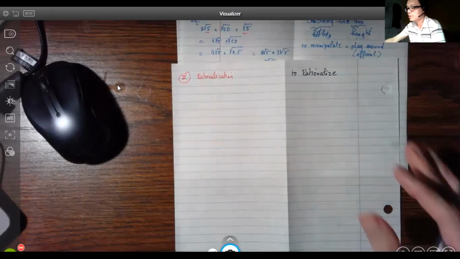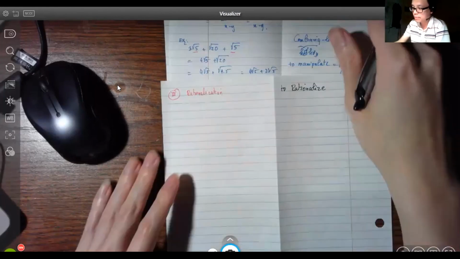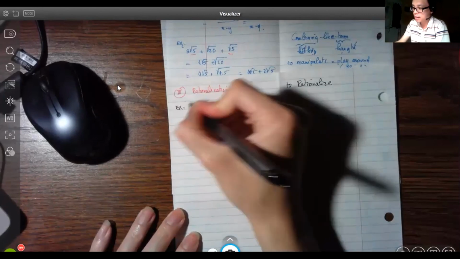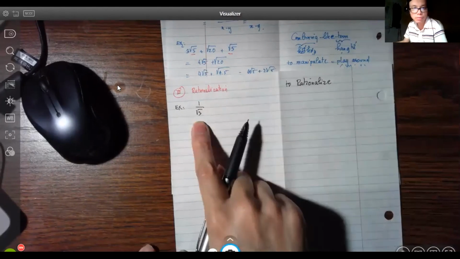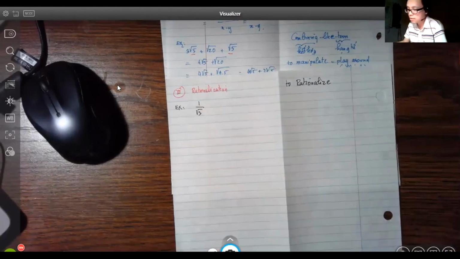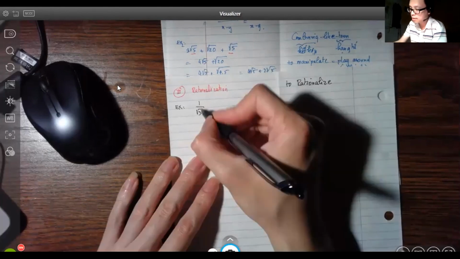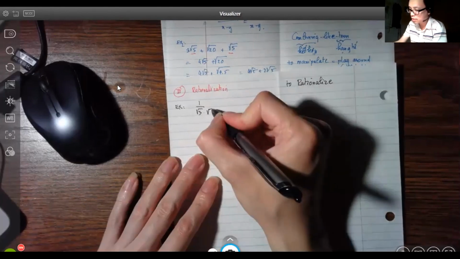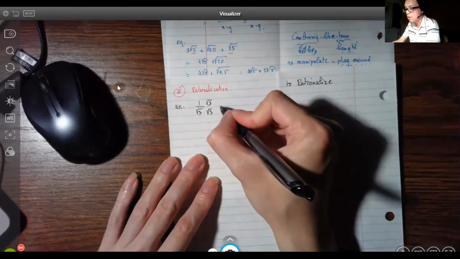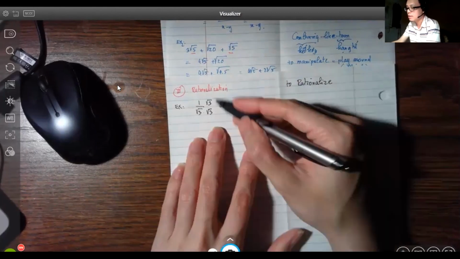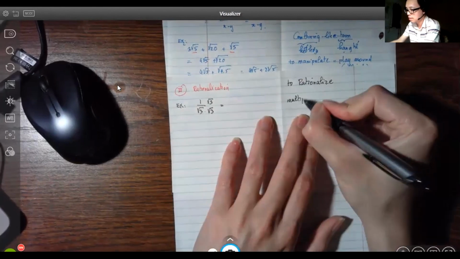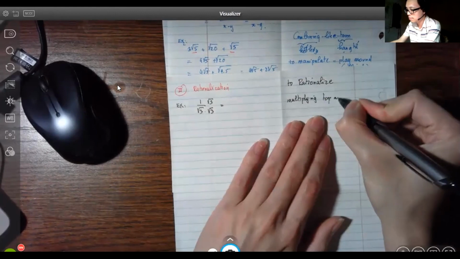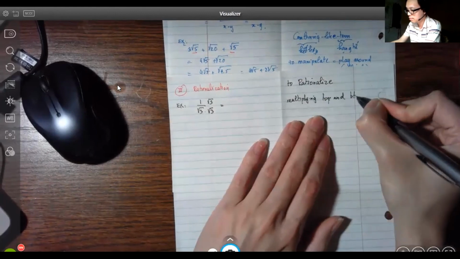What does it mean by rationalize? For example, I have something like that: 1 over square root of 3. So you see that mình có một cái căn 3 dưới mẫu. Và chúng ta cần phải khử nó bằng cách nào? Chúng ta nhân tử và mẫu cho chính nó. We multiply the top and the bottom by itself.